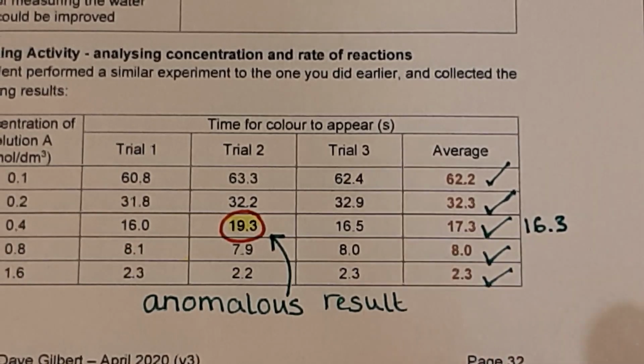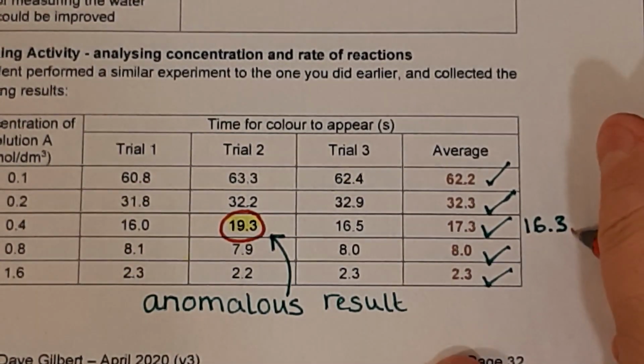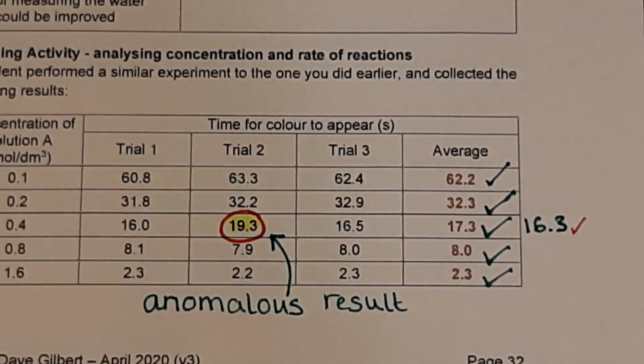So our result for this one would actually be 16.3. If you've written 16.3 as your answer, that is also accepted and correct. In fact, it's more correct than 17.3, but either is acceptable at this point.